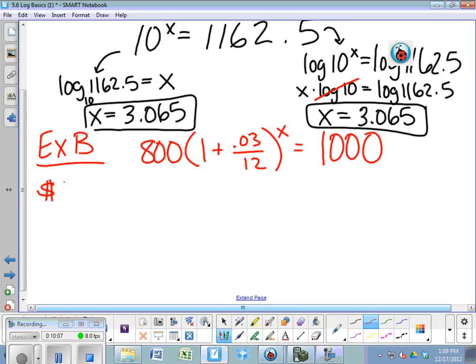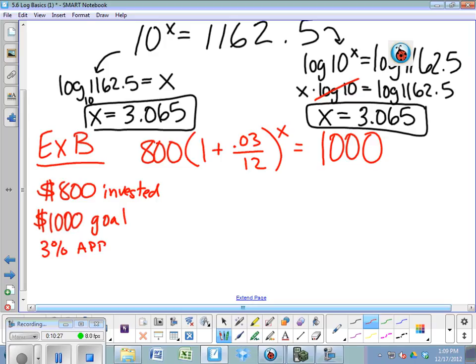Okay, 800 is invested in the bank. What are we trying to get it to turn into? 1,000 is our goal. How often is the money getting compounded? 3%. The 3% is the annual interest rate, called the APR, annual percentage rate.